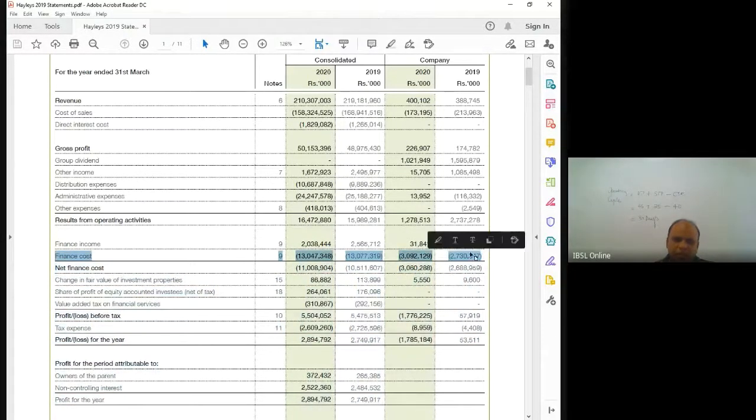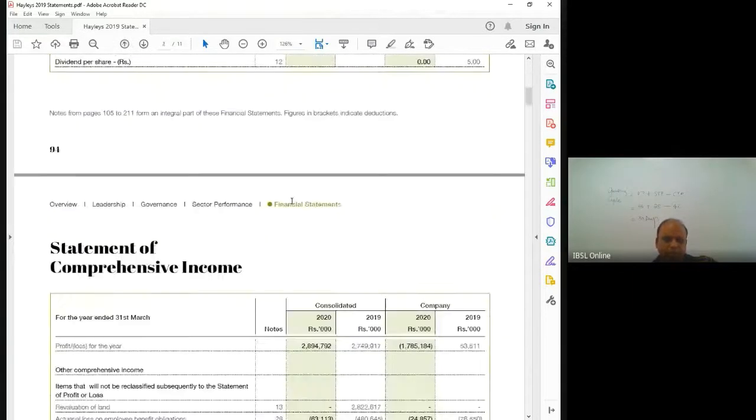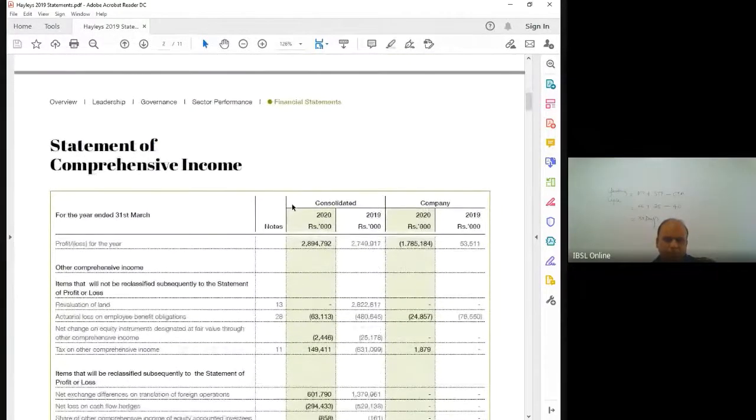Finance cost means that is the amount of interest paid. So every piece of information is readily available in a financial statement. The items that might be missing are sometimes the debtors, creditors, those types of amounts. Sorry, the amount of credit sales and the credit purchases that you might have done. But in exam questions, those will be given.